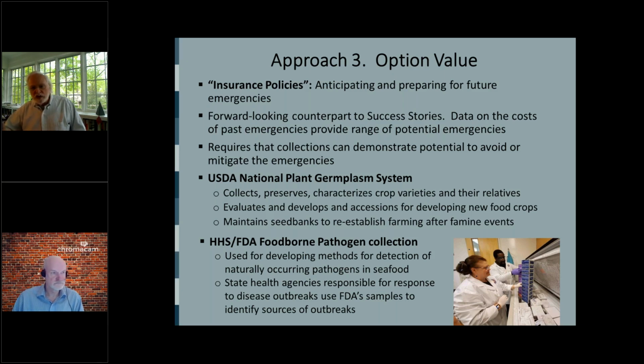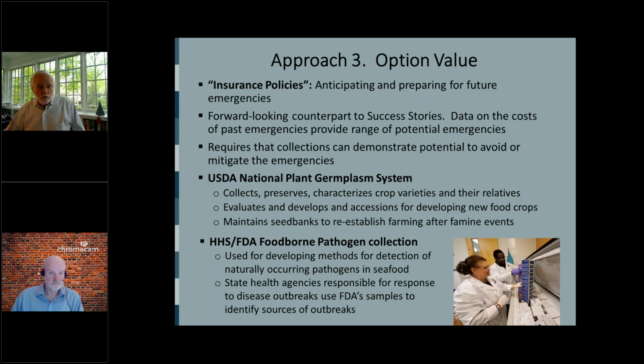Foodborne pathogens are very similar. When there's an outbreak of a foodborne pathogen, state departments of health will want to be able to compare it against other strains to find out where it came from and how we can trace it back to its source and stop it. So it's hard to predict, but it is relatively easy to amass data on how it was used by departments of health.